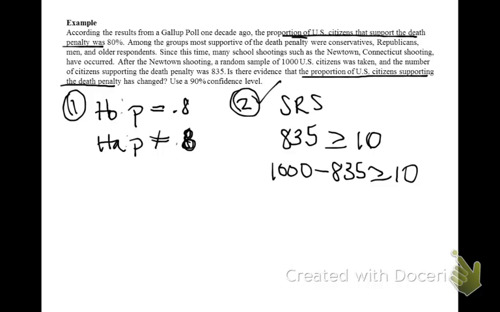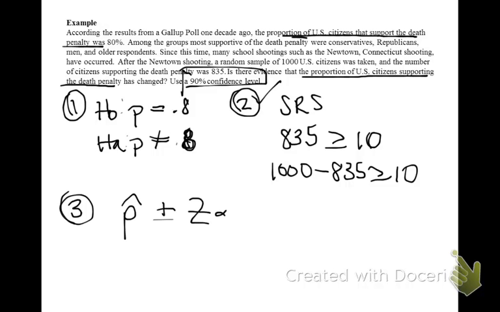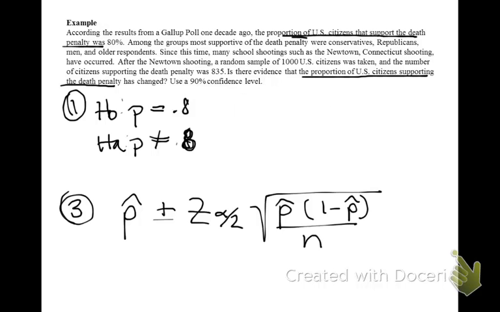Next, we form the confidence interval, and we need to use a 90% confidence level when we do this. The formula for the confidence interval is p hat plus or minus z alpha over 2 times the square root of p hat times 1 minus p hat divided by n. P hat is your number of successes out of the number in the sample.